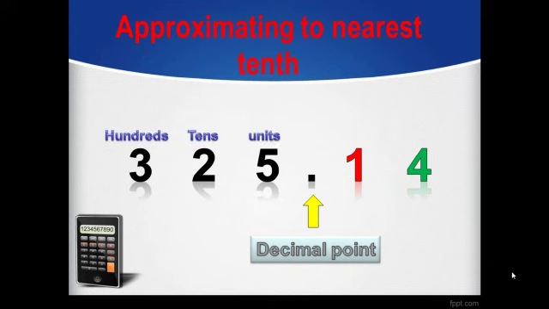About the red number, its place value is tenths, and the green number, which is 4, its place value is hundredths. You have to note the difference between the place value of 1 and the place value of 2.